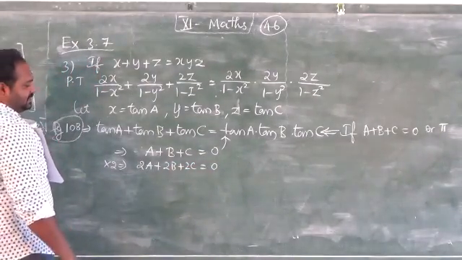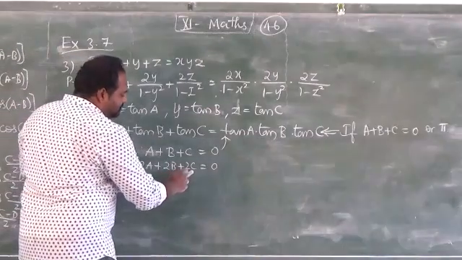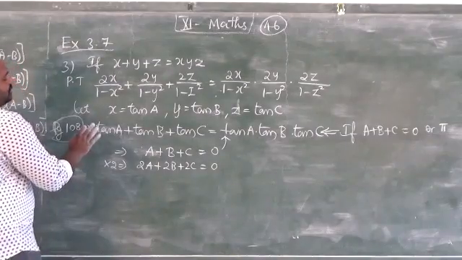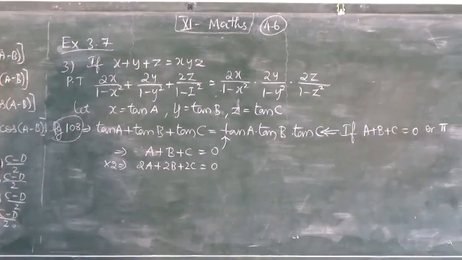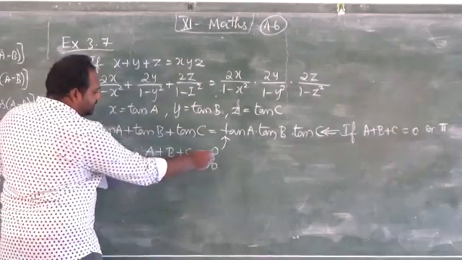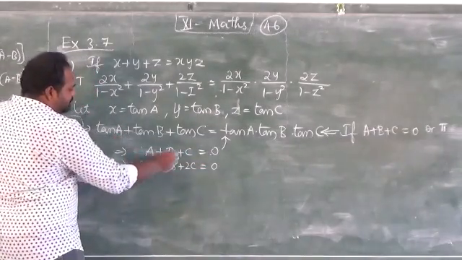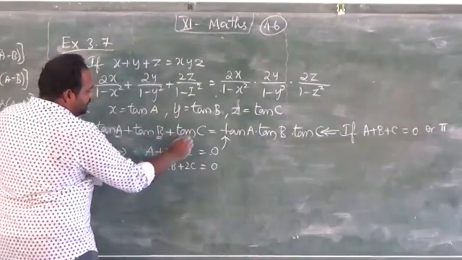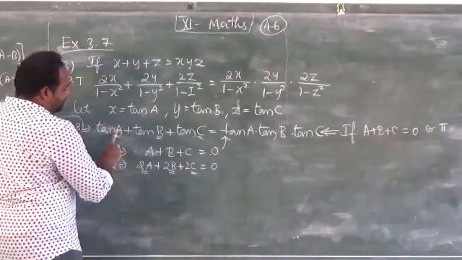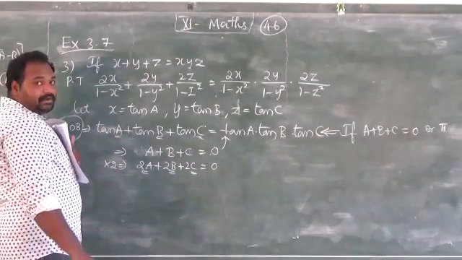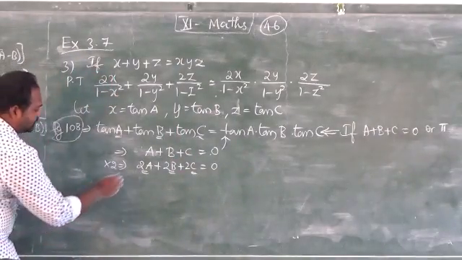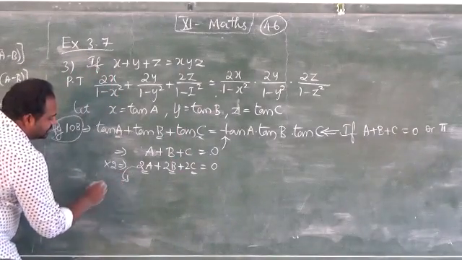So in this condition, if 2A plus 2B plus 2C, what will happen to the identity? Instead of A plus B plus C equal to 0, here we have A, B and C; if you have 2A, 2B, 2C, it is the same condition, but we have changes in the angle values.